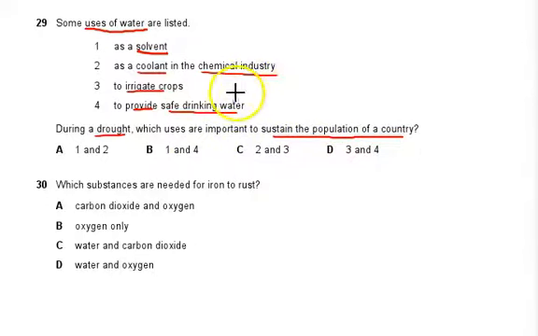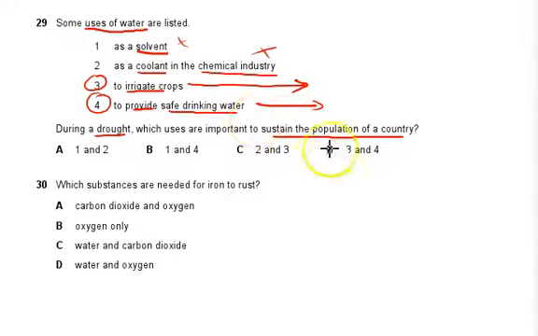You can say 3 and 4, because this one is regarding agriculture, where they get the food, and this is for humans to get water. Both of the others are not important. So this should be D. Okay, 30. Which substances are needed for iron to rust? They need water and oxygen, both of these. So 30 is D.